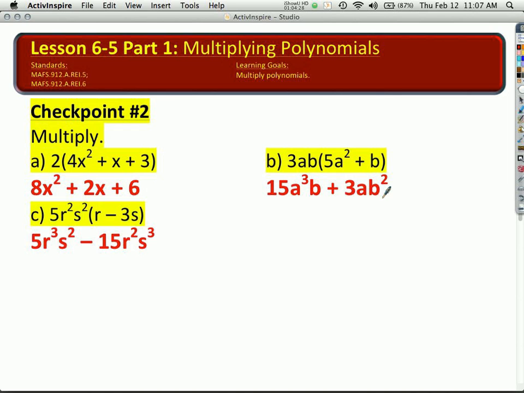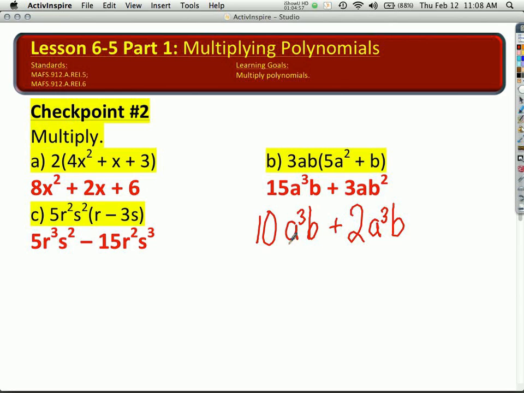Okay, so now you're getting, and it's very natural, now you're getting confused between soccer and football. You're trying to take a rule that doesn't apply and transfer it over to a different sport, okay? You can combine like terms if these were the exact same thing. If this was a to the third b plus a to the third b, and this was 10a to the third b, and this was a 2.